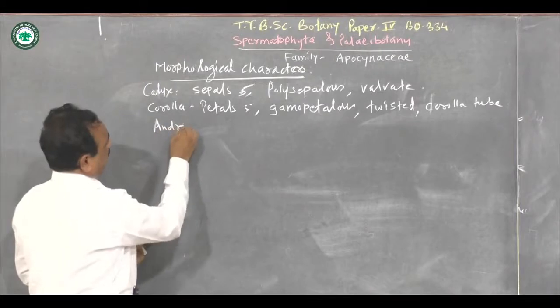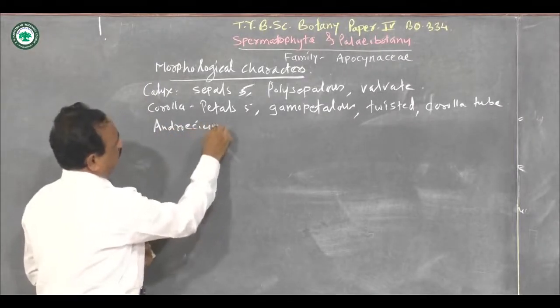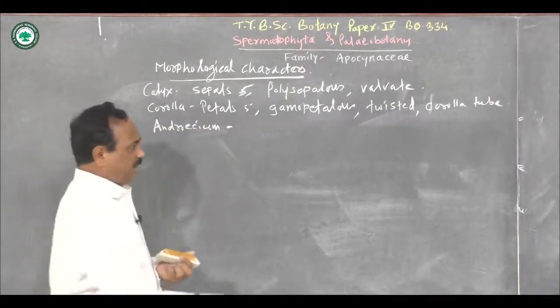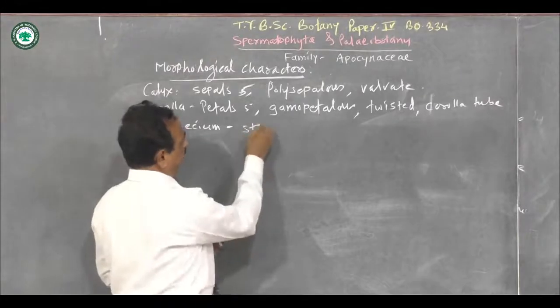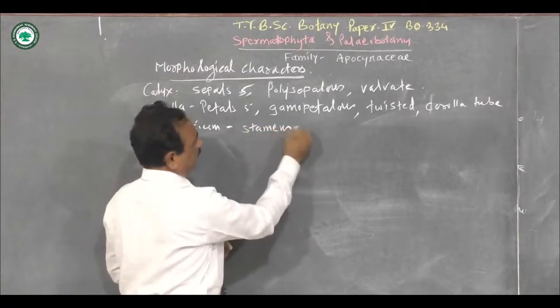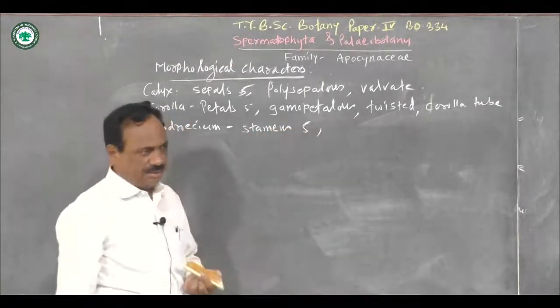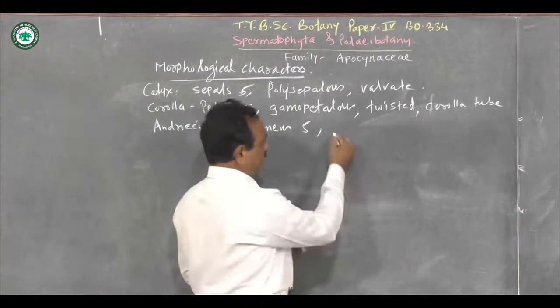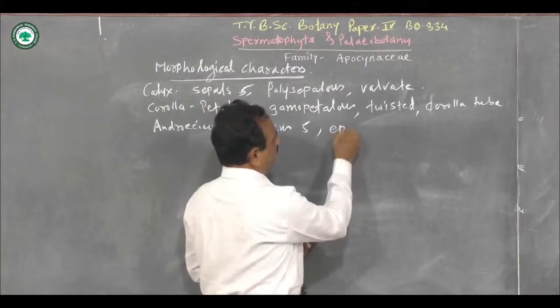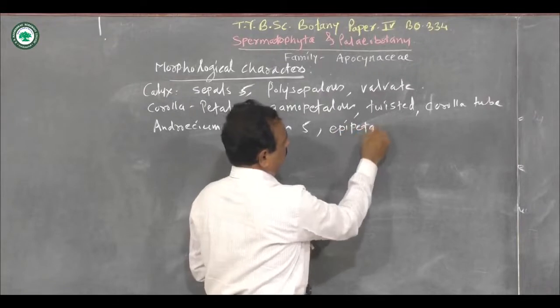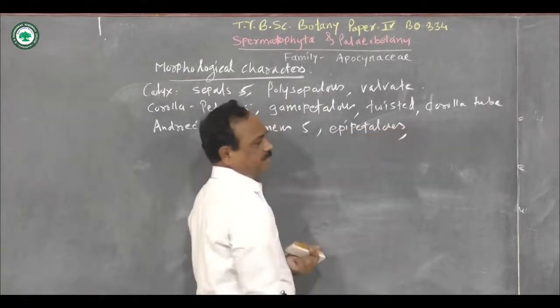Then the androecium. It shows the presence of 5 stamens. These stamens are epipetalous, so they are attached to the petals.